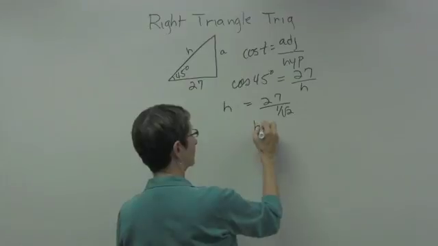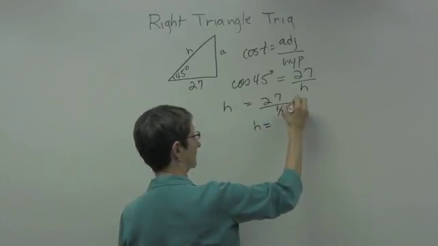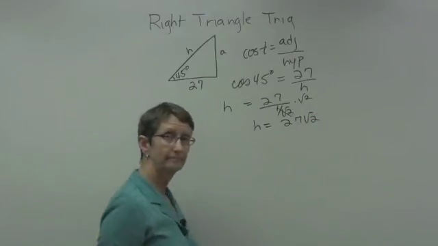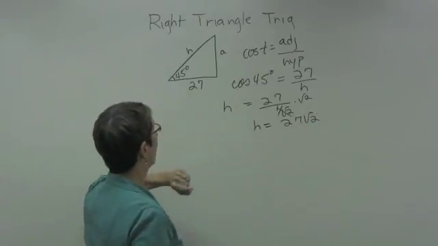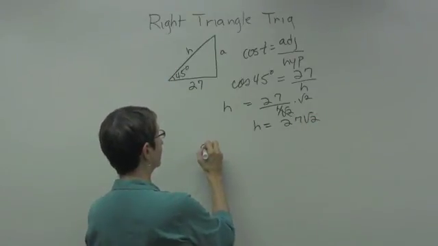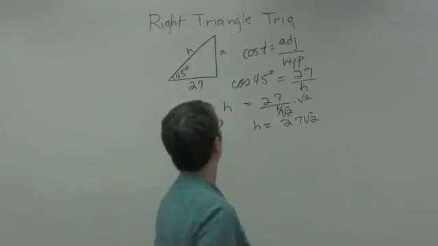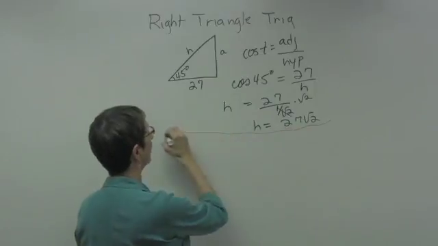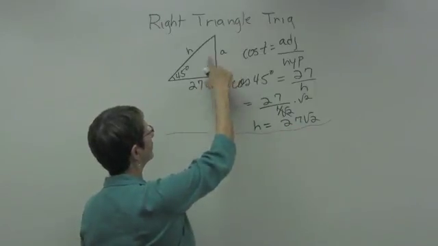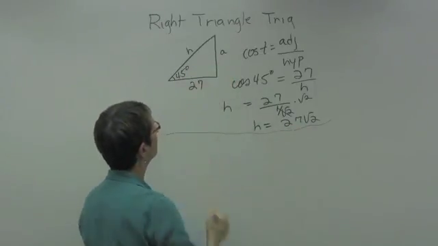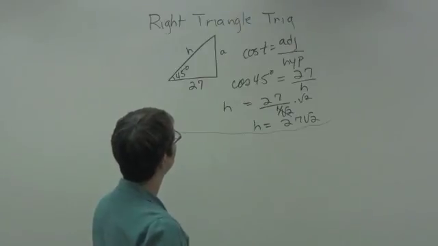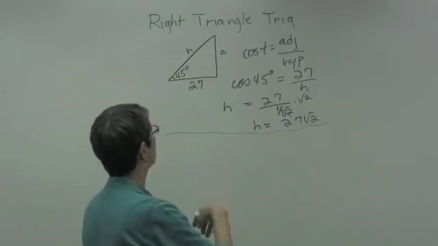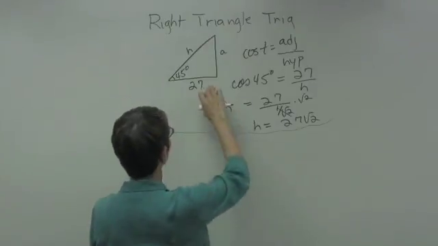So my h value here would be, invert and multiply, 27 times the square root of 2. I have h. And I can get a, I think I will do a since that's the opposite side. I might as well do the sine. Let's go to a. And a is the opposite. I think I'm going to use tangent. No, maybe I better not do that. Let's go with this.